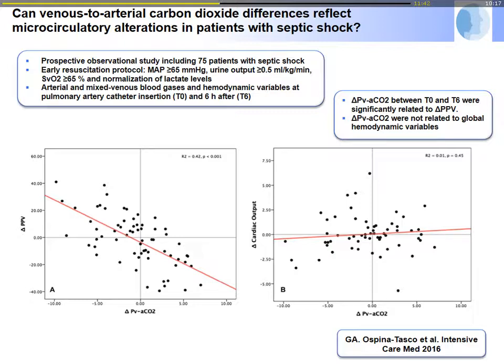So it gives a strong correlation and the strong feeling that the CO2 is a good hypothesis, and we have to use it more in clinical practice. Because it's simple, and I think it clearly adds something to the lactate, because it's for me more a peripheral index, more a microcirculation index than the lactate.